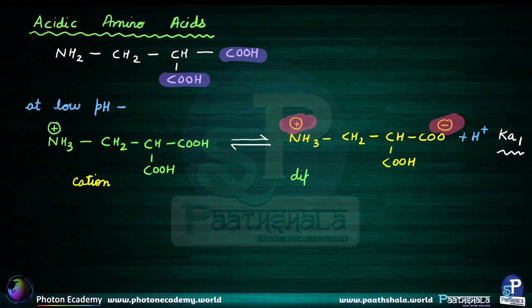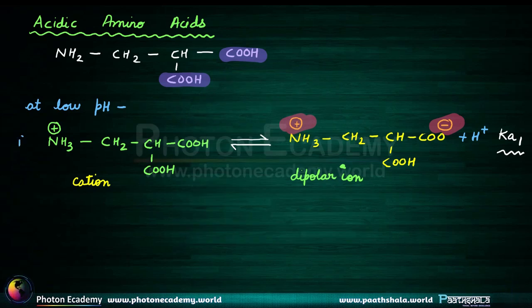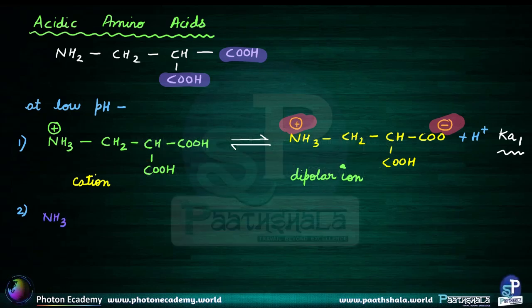Now, this dipolar ion, in the second step, will lose a proton again. Let us see this reaction also. We have got a dipolar ion having both the positive and the negative charges, and it looks something like this.